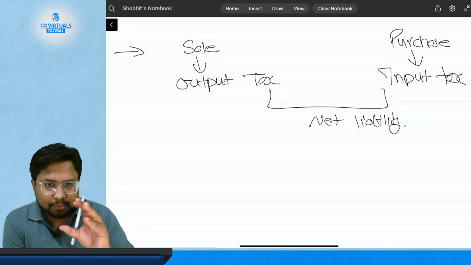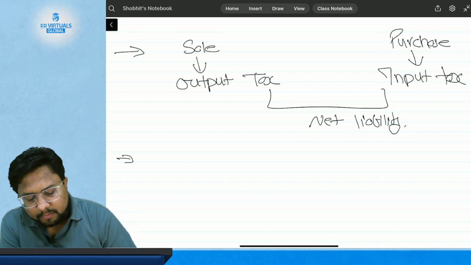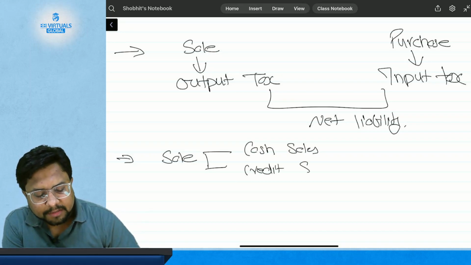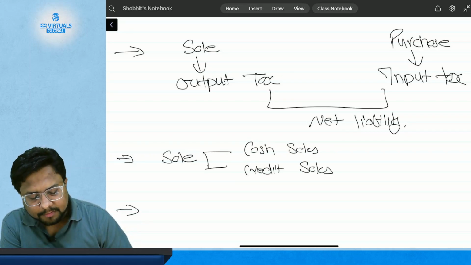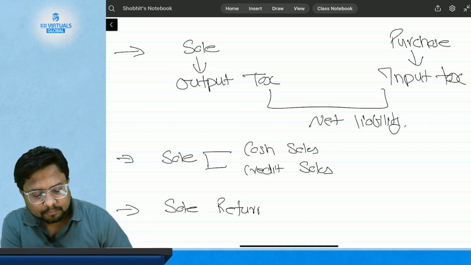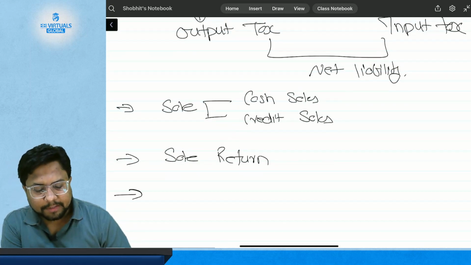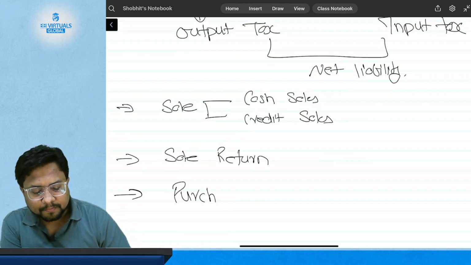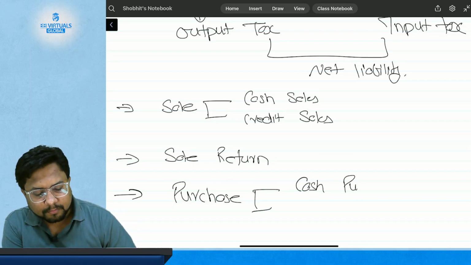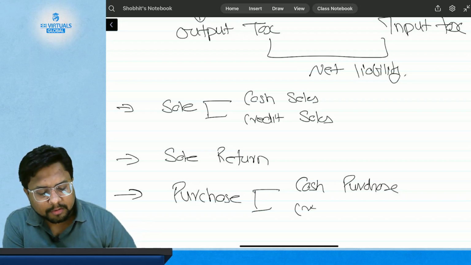Now, based on this principle, we need to understand what will happen in case of sale, both cash sales and credit sales. Then we need to understand what will happen in case of sale return. Then the entries for purchases, of both types, cash purchase and credit purchase.